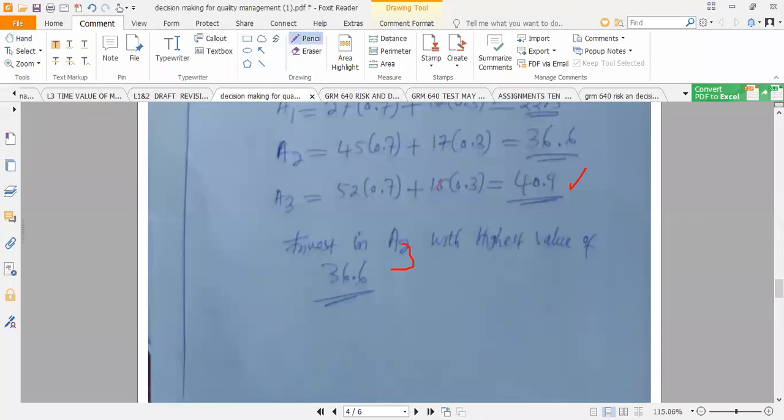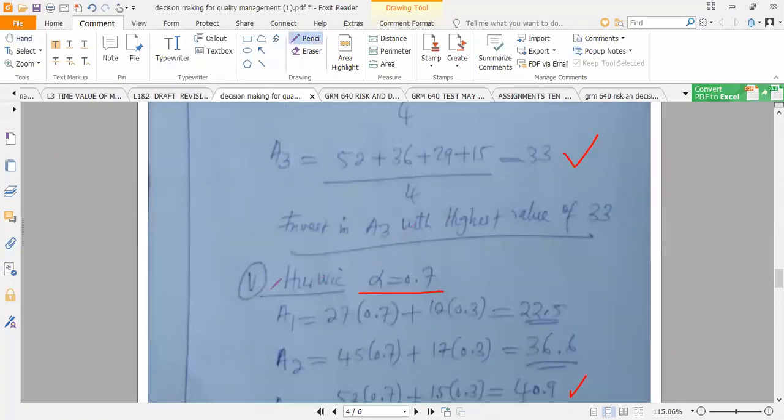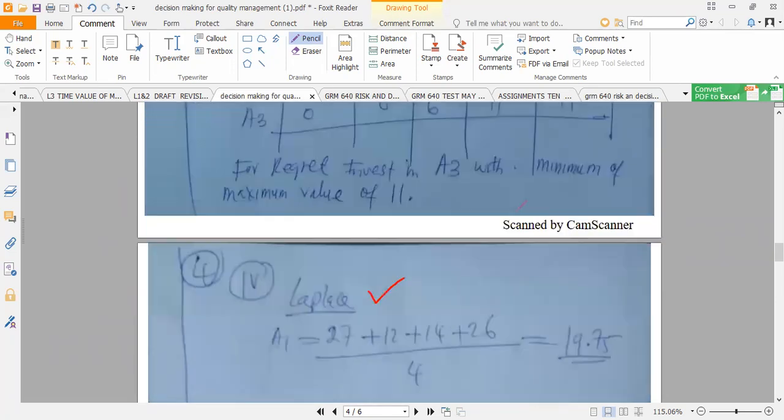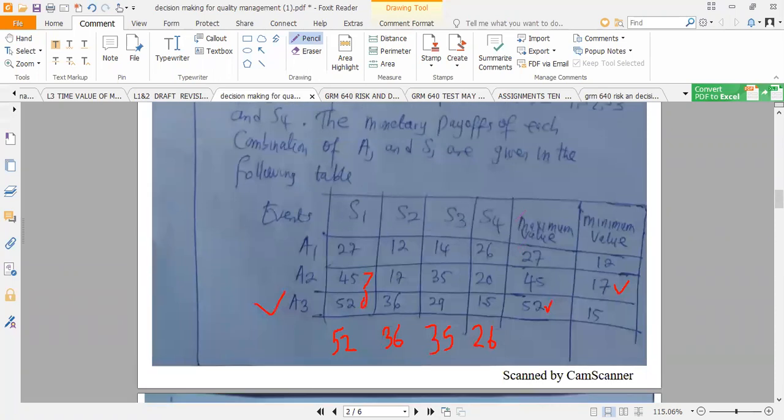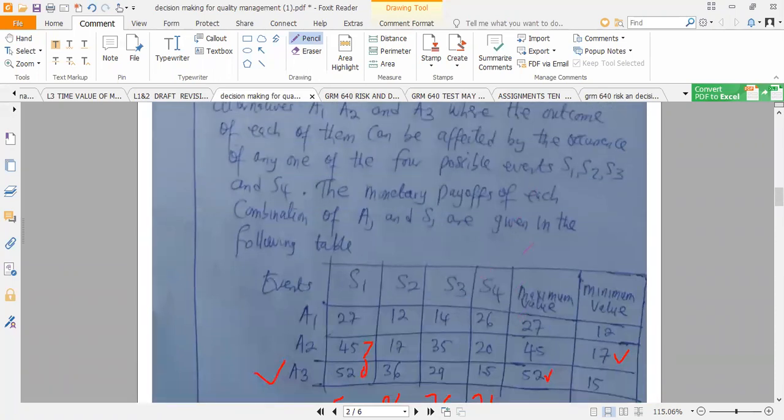So to use the Hurwicz, we will always be given an alpha value, 0.7, meaning it's like P and Q. If alpha is 0.7, the beta is 0.3. So what you do is you go to the maximum values and the minimum values that we found here. So here you're going to put 0.7. And here we're going to put 0.3.